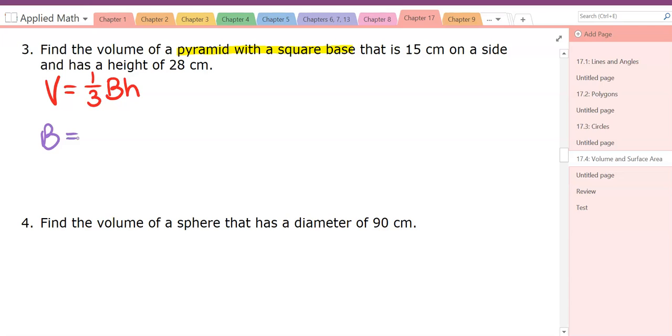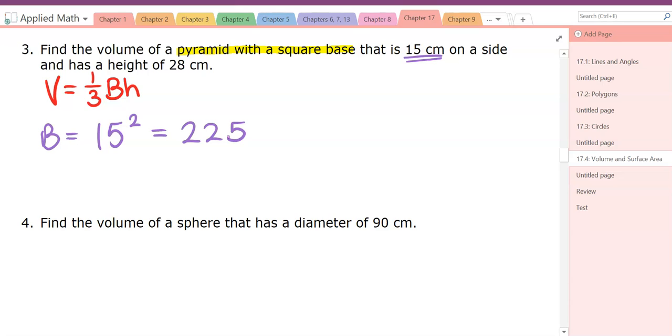So what you're going to do for the area of the square, because it says that it has a square base that is 15 centimeters on a side. So the square is 15 by 15 by 15 by 15. We're going to do 15 squared, which is what? 225.